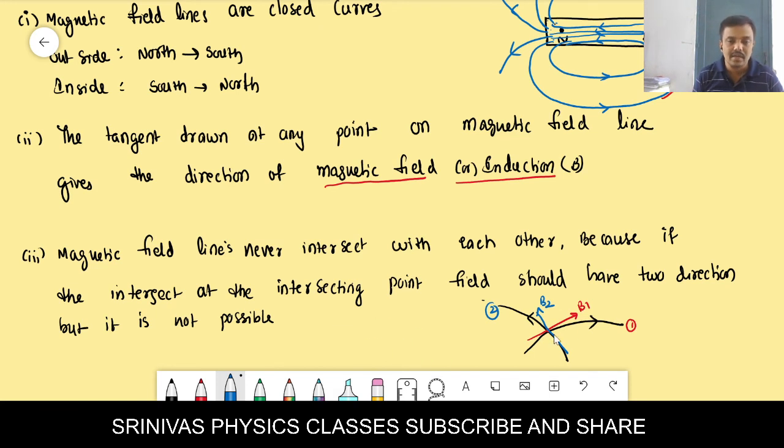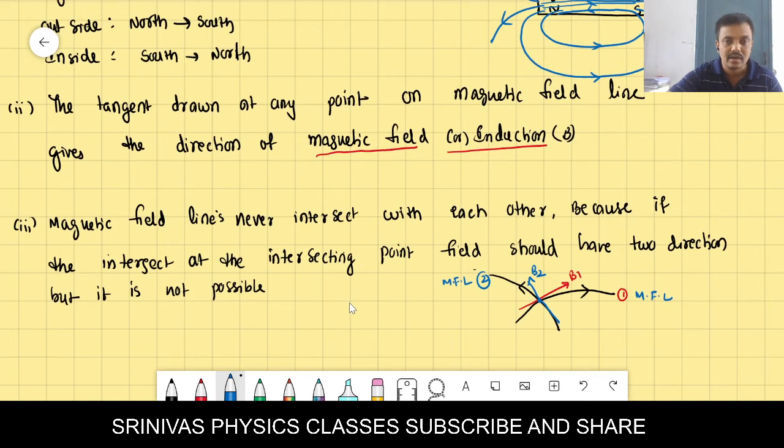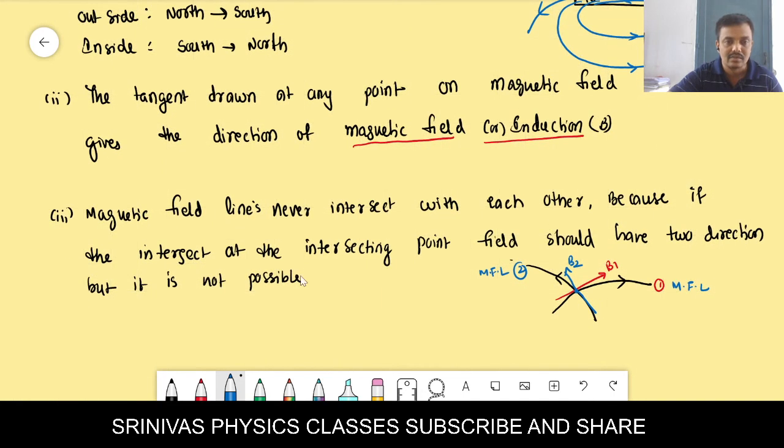But if the two lines intersect, this is one magnetic field line and this is another magnetic field line, and they are intersecting. Then at the point of intersection, when we draw the tangent for both, we get two tangents, two directions for the field at a single point. But practically, at one point the field should have only one direction. That's why the field lines never intersect with each other.